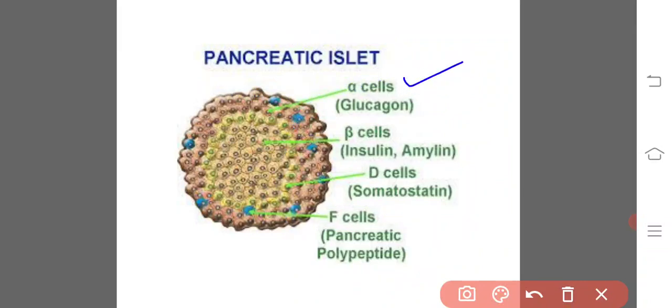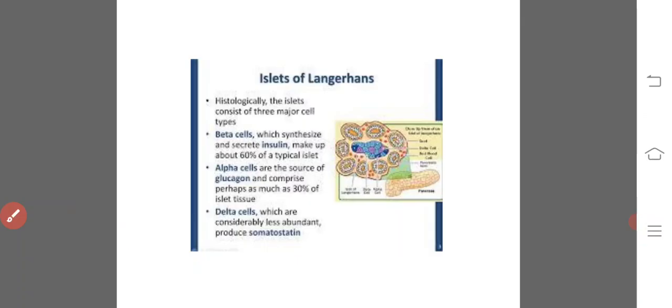Alpha cells secrete glucagon, which raises the blood glucose level. Beta cells produce insulin that lowers the blood glucose level. D cells produce somatostatin, which shows antagonistic effect to growth hormone, insulin and glucagon. F cells produce pancreatic polypeptide, which inhibits the contraction of the gallbladder.